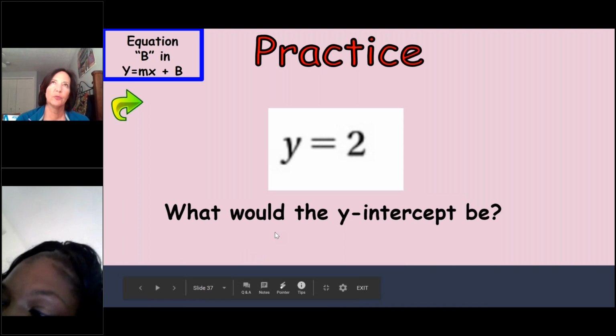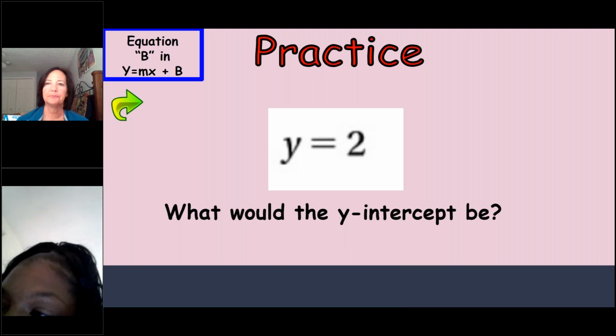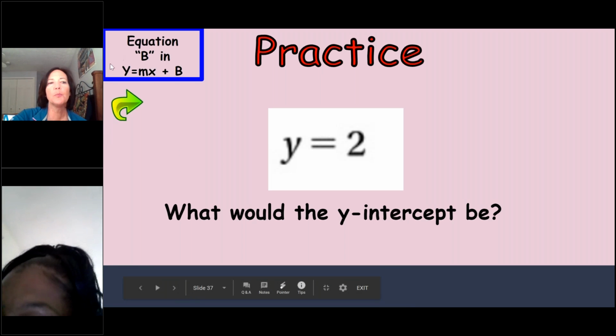This one can be really tricky. y equals 2. What's the y-intercept this time? There isn't one. The 0 again. Well, we're missing something. Okay, so let's look up here. This is our slope intercept form of the equation.